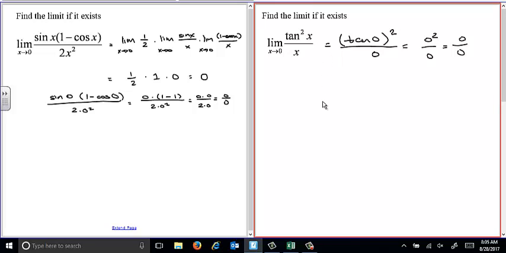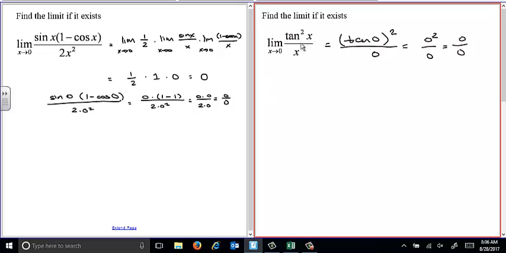Okay, so let's think about this. We have to get it in terms of sine and cosine somehow. One way would be to rewrite the tangent in terms of sine and cosine and see whether there's anything we can do there.